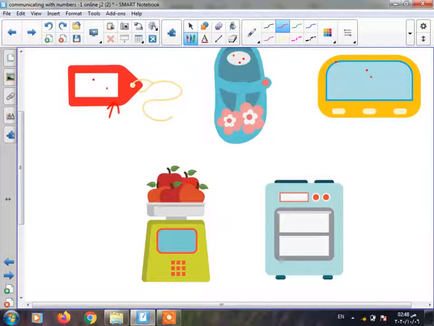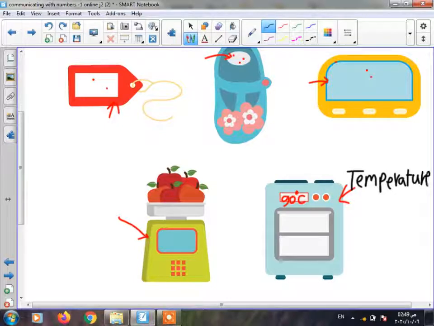No. Can it belong to this sign? No. Can it belong to this digital clock? No. Can it belong to this scale? No. Can it belong to this oven? Yes. So where will I write this number? Excellent, on this screen. 90 degrees Celsius. Could you tell me what information this number gives me? Yes, this number gives me information about temperature.